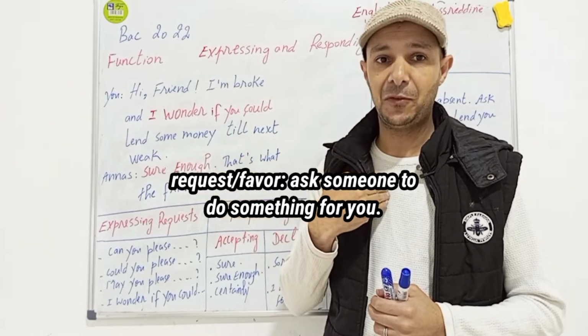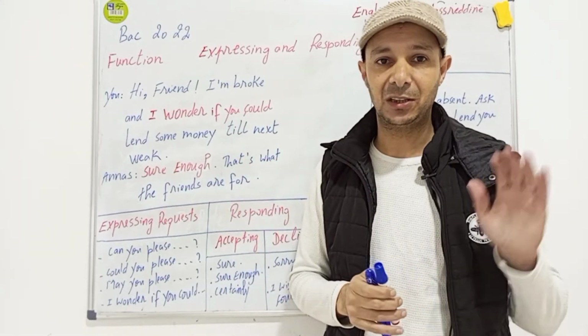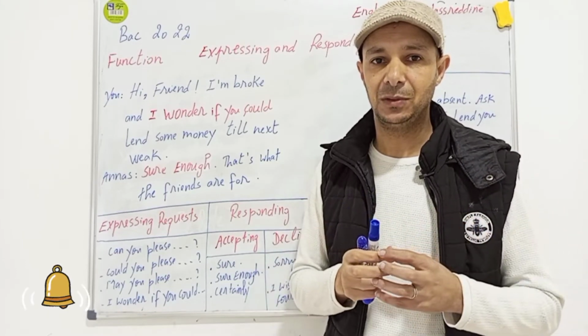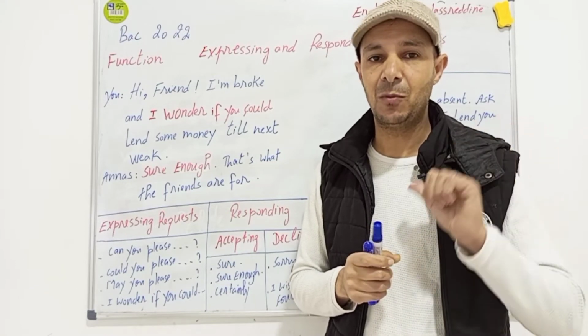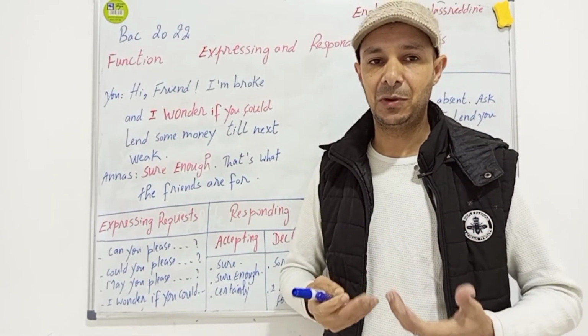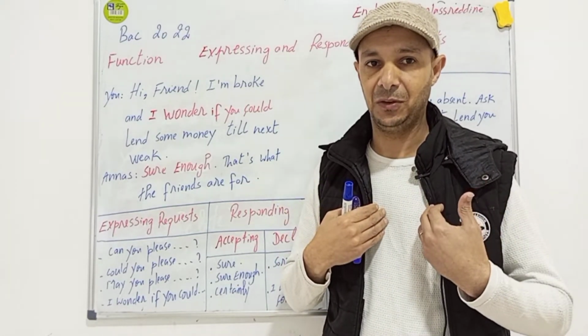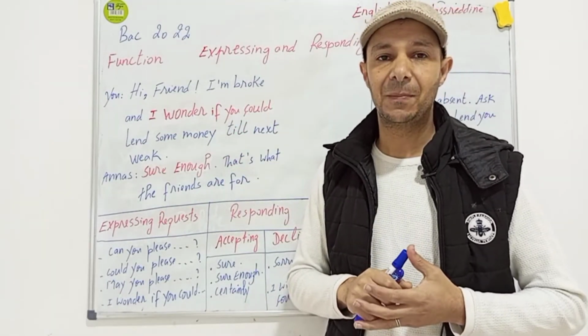You open the window for me, so this is a request. Or I can ask you to shut the door. Or you are just sitting around a table and you ask someone to pass something for you or to pour you some water. So this is a request. Request means you ask someone to do something for you. Right? So as a starting point, let's take this dialogue.